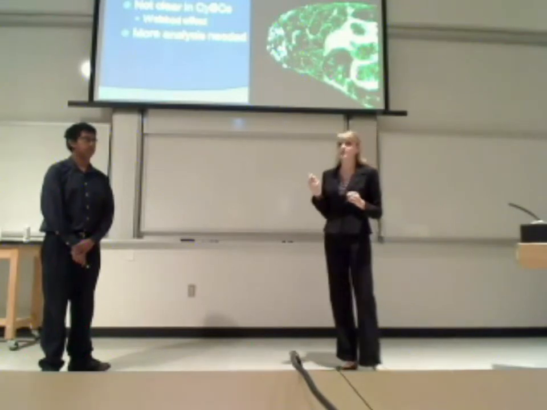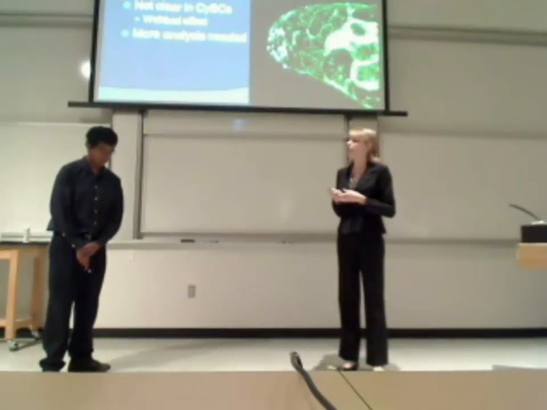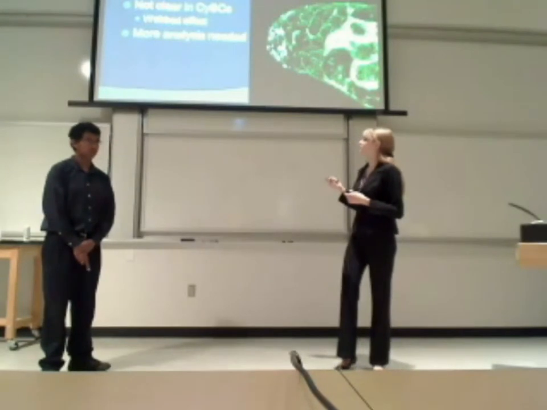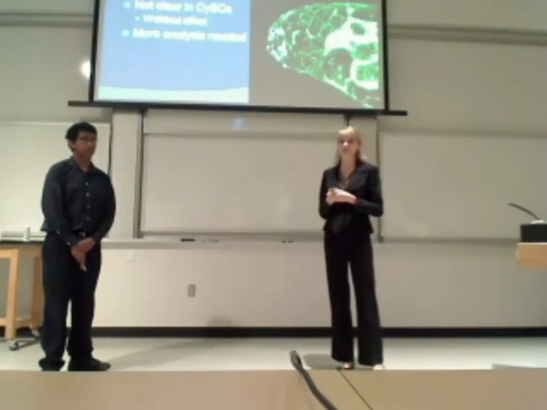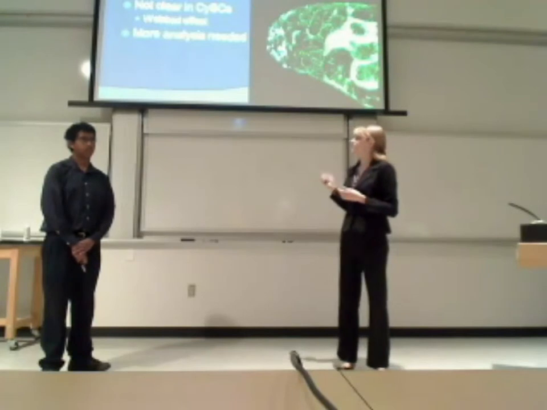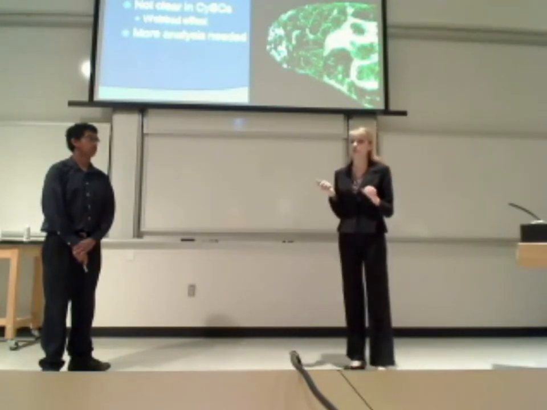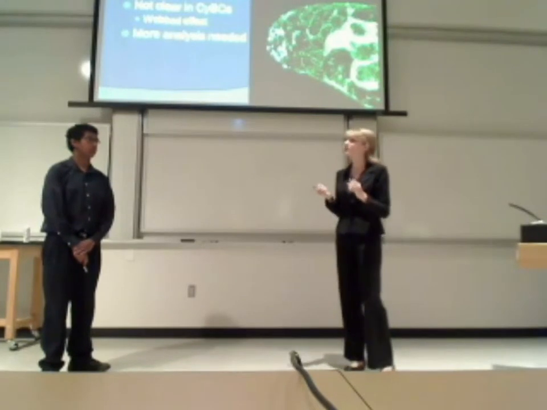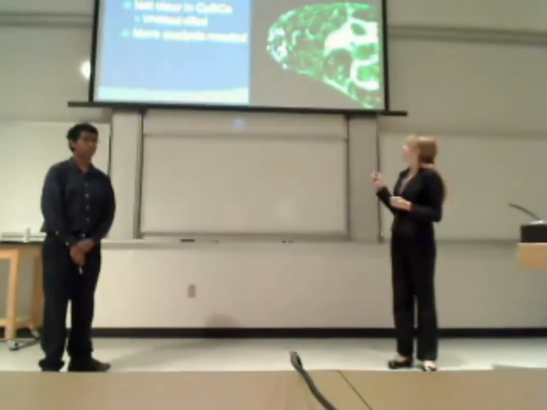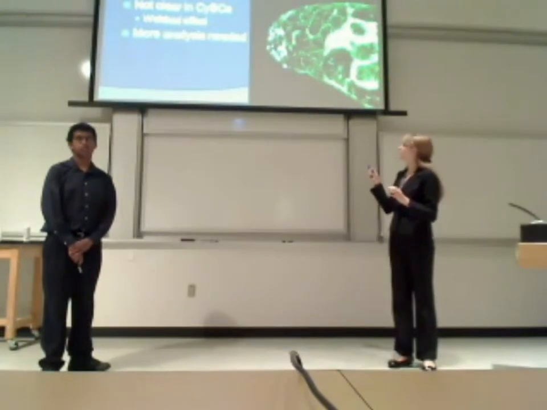And for all of our testes, except for really the first one, we saw production of GFP in the hub, which was expected. But something interesting was that in the cyst stem cells, we didn't see clear production of GFP, like large amounts. But if you notice in this picture, it's very clear that we have what we call a webbed effect.